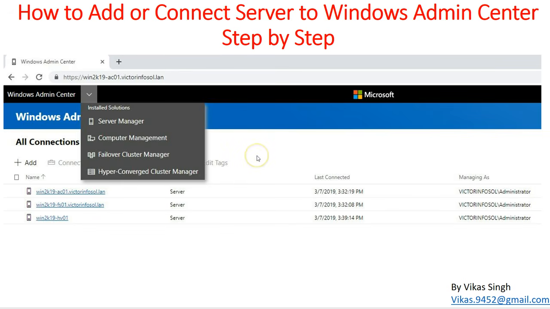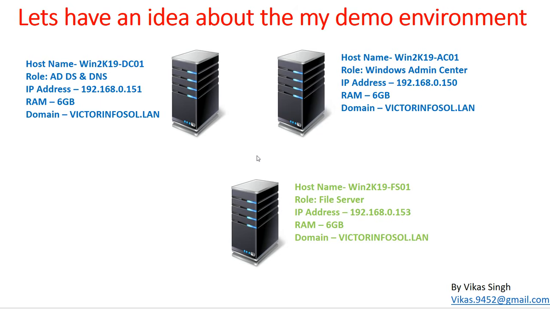So let's get in. This is my demo environment which I am going to use in this video. I have a total of 3 virtual machines acting as servers. The first machine is Win2K19 DC01, running Active Directory and DNS services. The IP address of this machine is 192.168.0.151, it has 6 gig of memory, and my domain name is victorinfosol.lan.